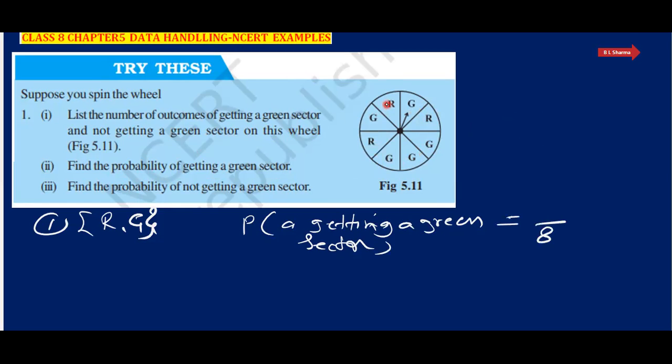Out of 8, you can count green 1 2 3 4 5. So getting a green sector, that is 5 upon 8. Answer.